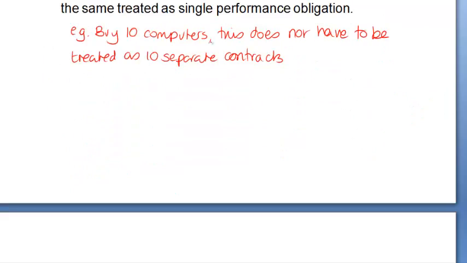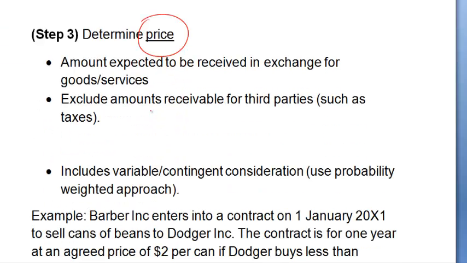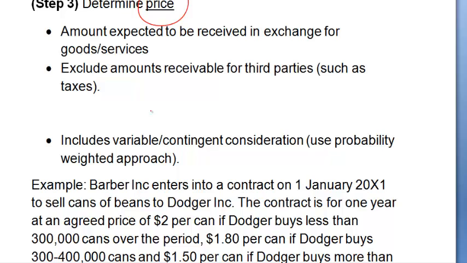So we identify the contract, we work out our obligations, and next we work out our price. So the price is the amount we expect to receive in exchange for providing goods and services, and that excludes things such as sales taxes, e.g. we sell a television for $1,200, including a 20% sales tax.